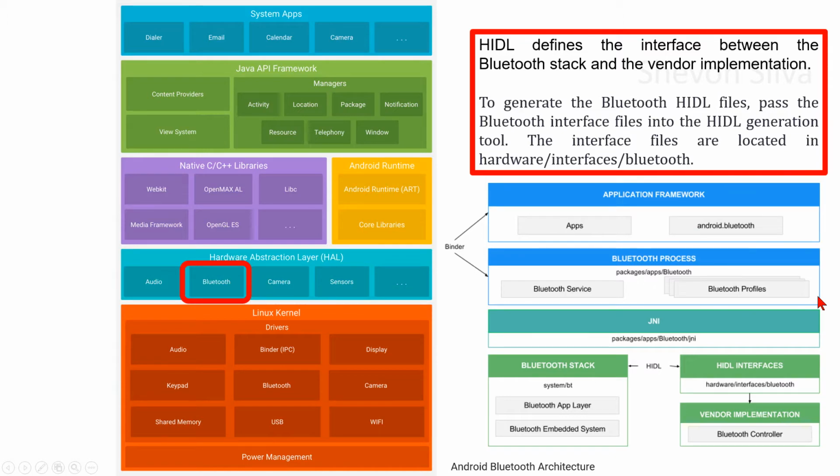Bluetooth system service. The Bluetooth system service is located in packages/apps/Bluetooth. It is packaged as an Android app and implements Bluetooth services and profiles at the Android framework layer. This app calls into the native Bluetooth stack via JNI.